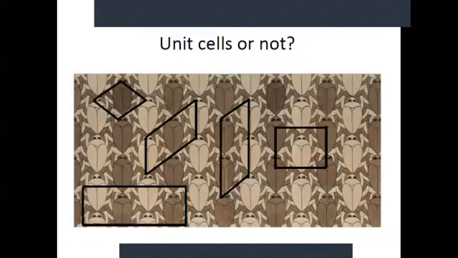So here I'll give you a few minutes to work on this. I want you to look at each one of these unit cells that have been connected by a series of lattice points and determine which ones are unit cells and which ones cannot be unit cells.